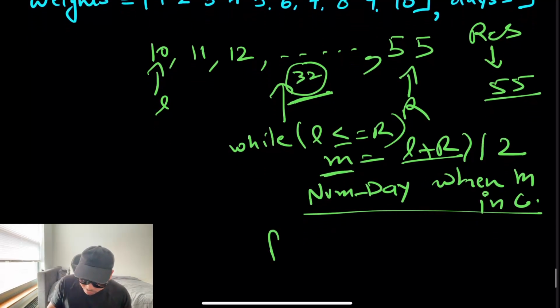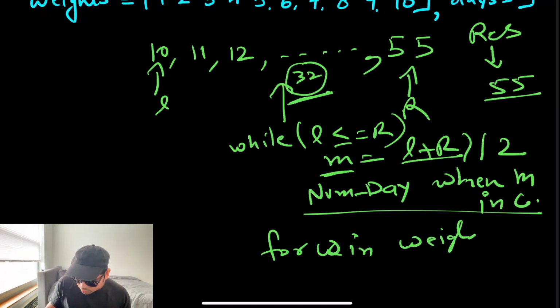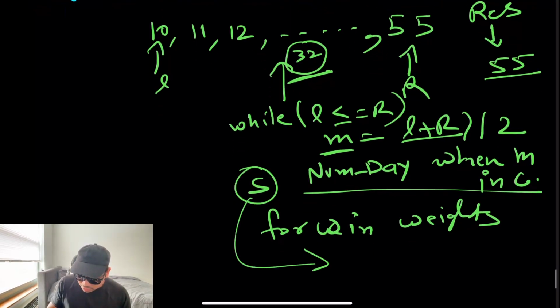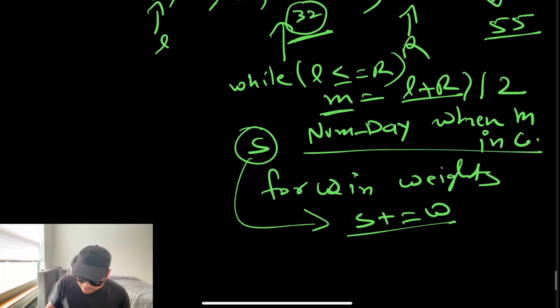I will have a for loop, for w in weights, and I will sum them up in s, s plus equals w, and whenever this becomes greater than or equal to my mid, then I will increment my days.